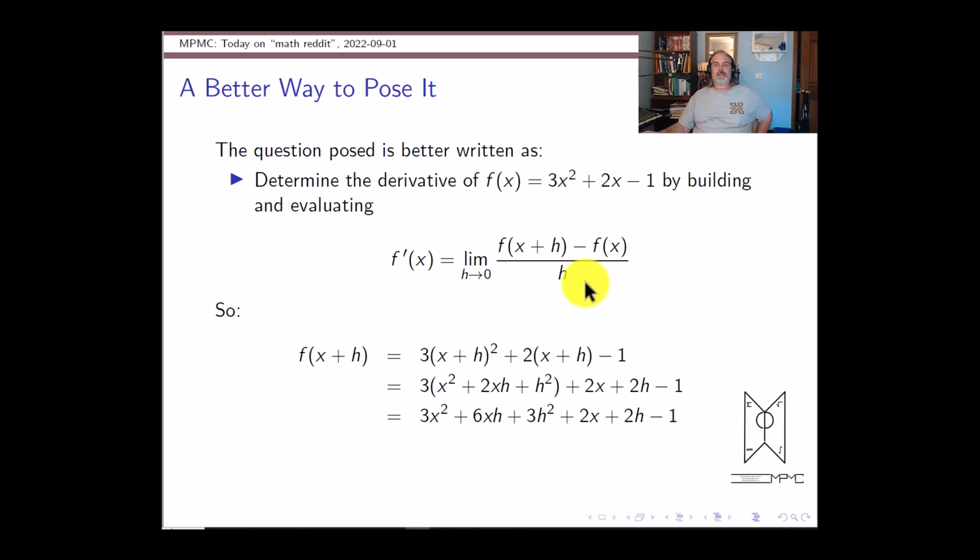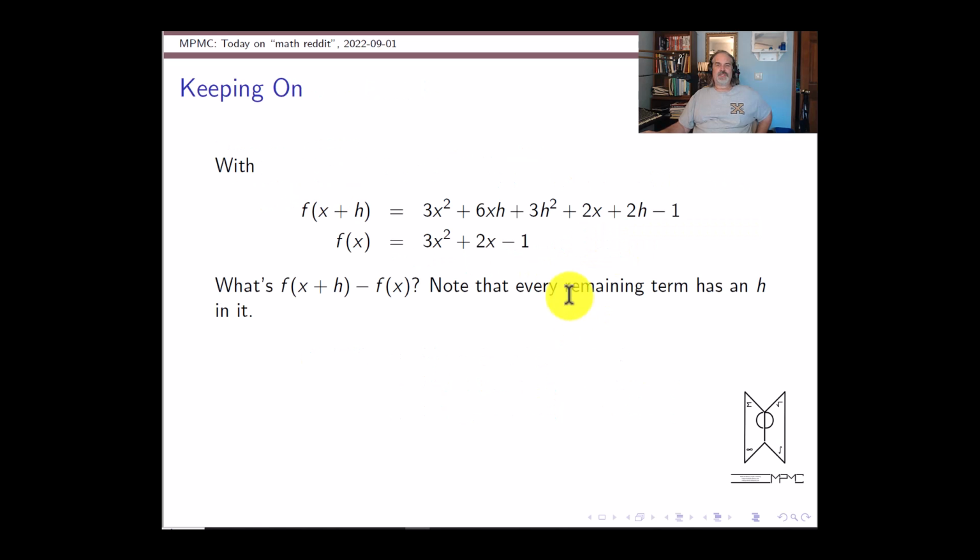But that's okay, because that mess is only this. To build the rest of this numerator, we're going to subtract the function itself. So here is f of x plus h. Here is the original function. When we subtract those to make the numerator of the difference quotient, look what's going to happen. The 3x squareds are gone. The 2x's, gone.